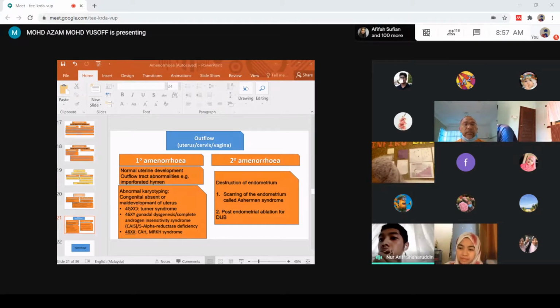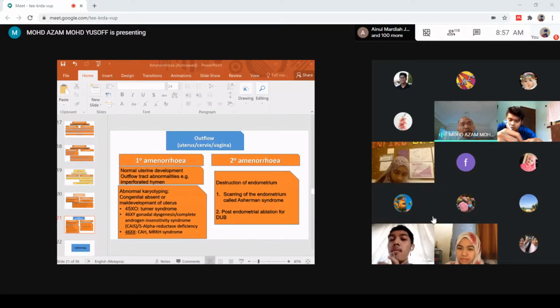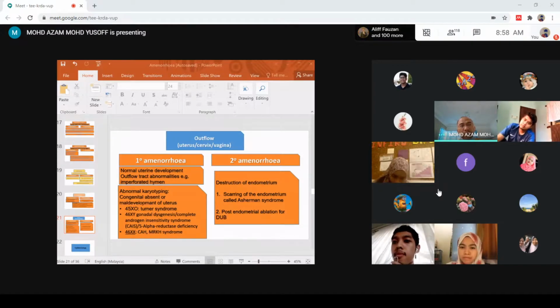Prof, in the presentation just now, head injury can also cause amenorrhea. How does it affect the hypothalamic-pituitary axis? There must be something causing injury to the pituitary or hypothalamus. I think it must be disrupting the hypothalamic-pituitary-ovarian axis one way or another.